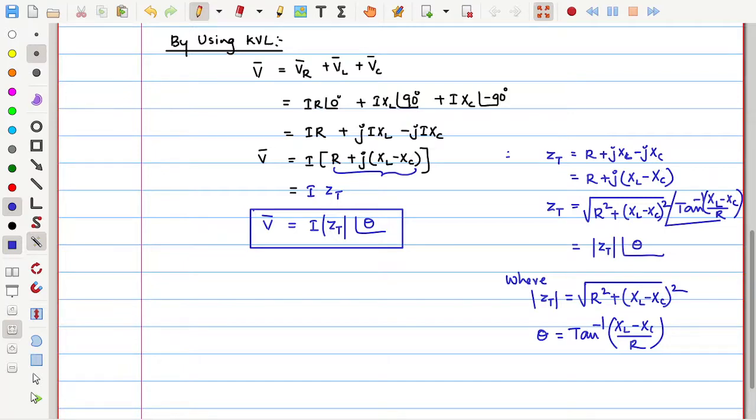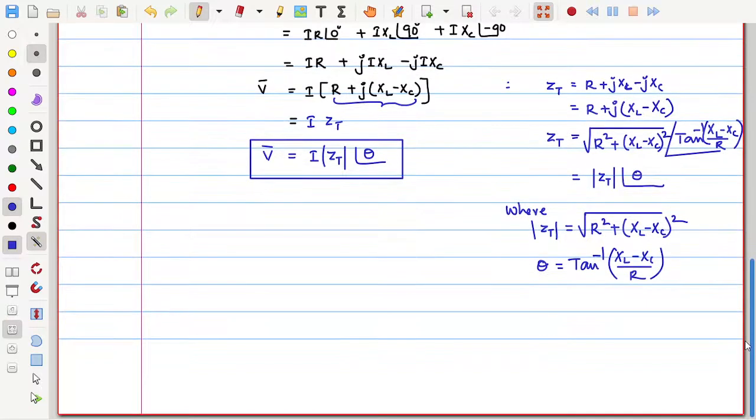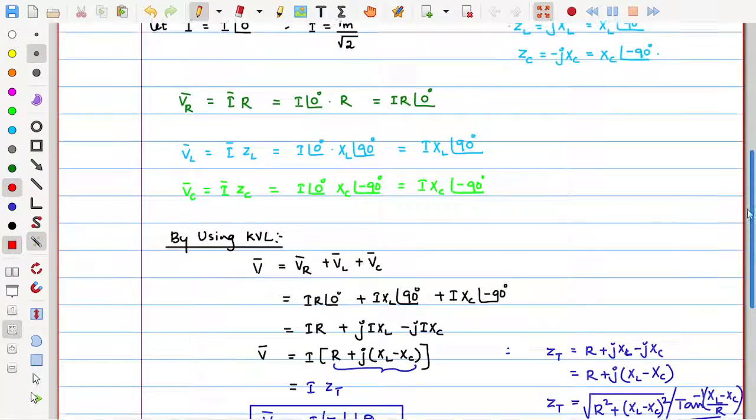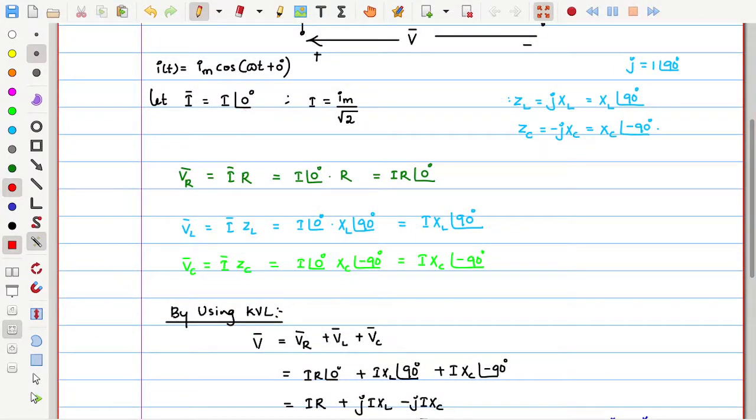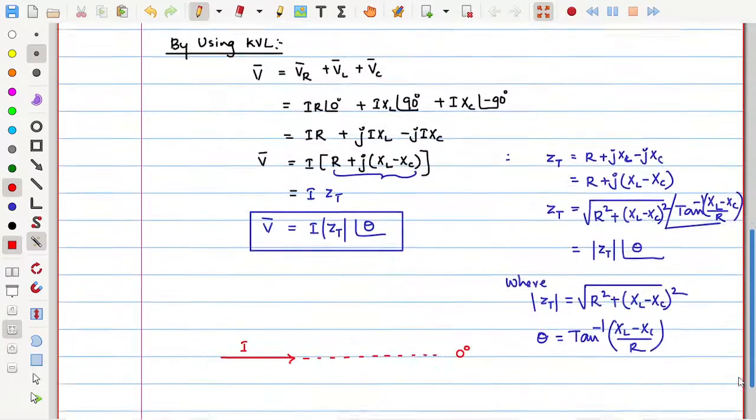Entire RLC combination. Now if you want, you can even go with the phasor diagram. I will show that quickly. So we have current. Let us say current is at an angle of 0 that we had seen, 0 degree, whose length is I. See this, how much is the current? Current is I at an angle 0. That means the length of this phasor is I, and the angle of this phasor is 0. So 0 degree is the reference.